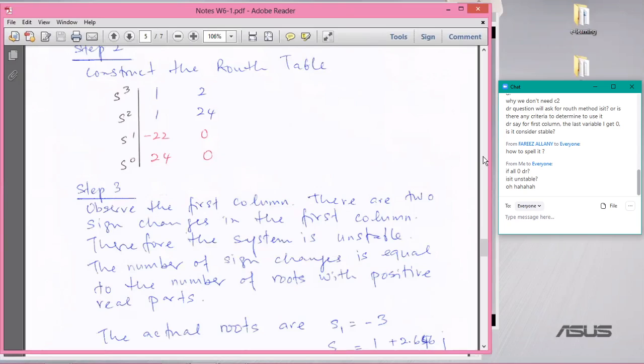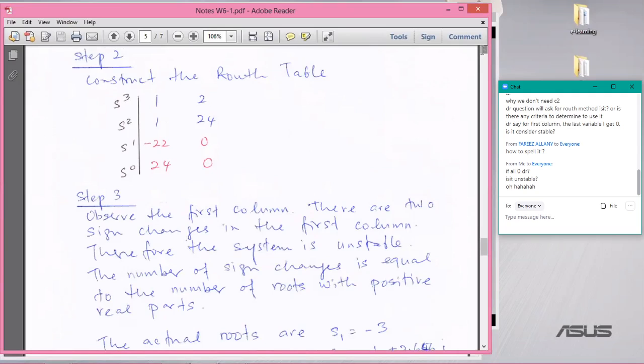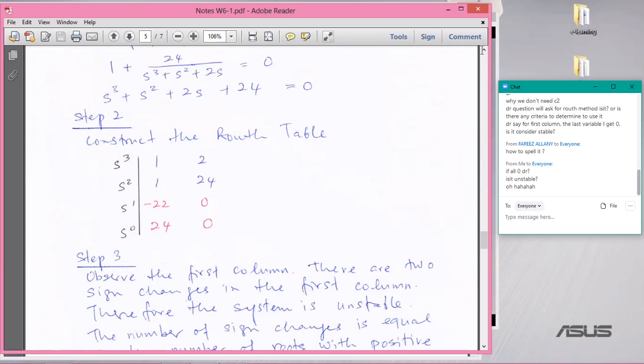All 0 meaning that 0s cubed plus 0s squared plus 0s plus 0 equals 0, and you have what we call a trivial case. We are not interested in a trivial case. It means that you don't have a system to control.